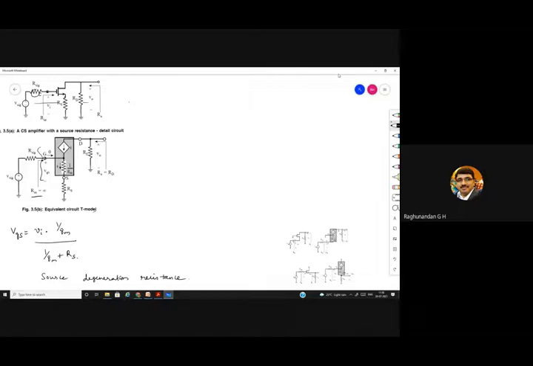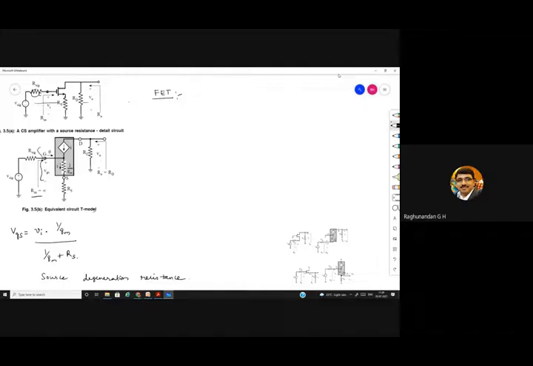After this, as you know, basically FETs are voltage controlled devices, whereas BJT is a current controlled device.